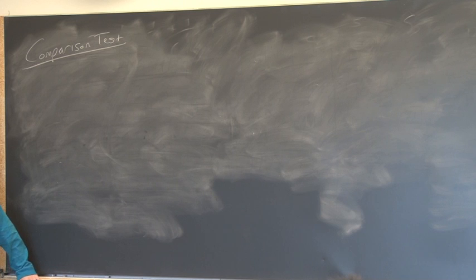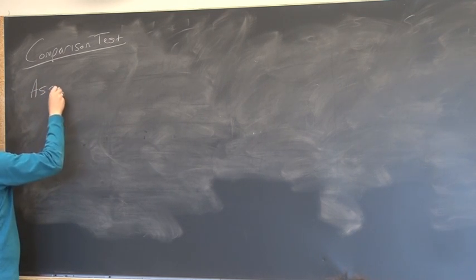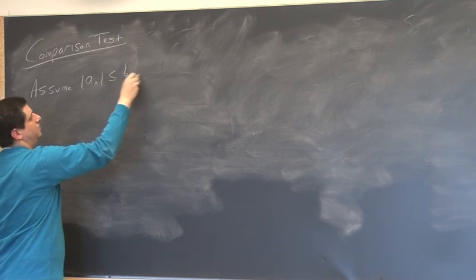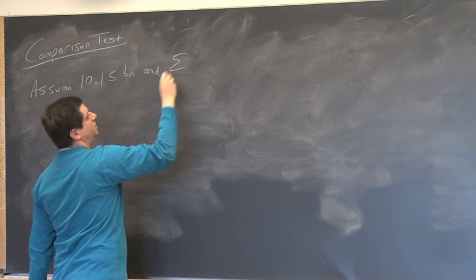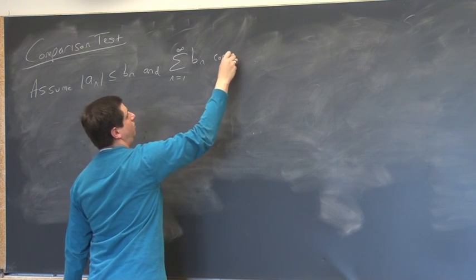So in some sense, this is one of the most difficult of the tests as to whether or not something converges to use, because you have to figure out what to compare to. So assume the absolute value of an is less than or equal to bn, and the sum, n goes from 1 to infinity, of bn converges.